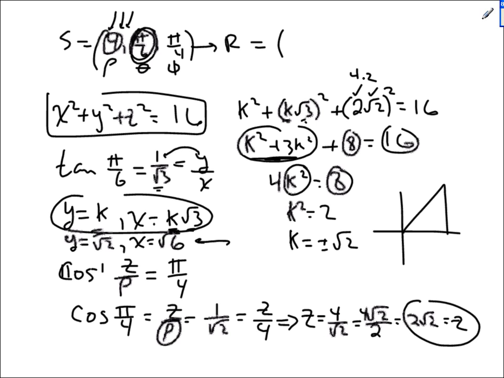I know what x is. I know what y equals. And I now know what z equals. 2 square root of 2. Very mechanical type problems. Just something that students like.